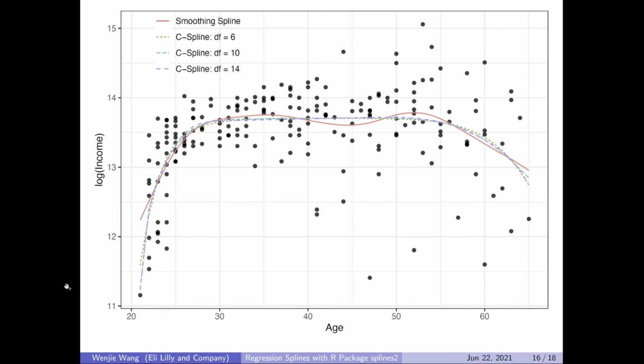Similarly, we fitted a convex curve by using C-splines. Again, they are close to each other. Those C-spline fits with different degrees of freedom are close to each other, and the fitted curves are indeed convex. So the robustness of the fitted curve in terms of the degrees of freedom makes it possible to draw statistical inference.